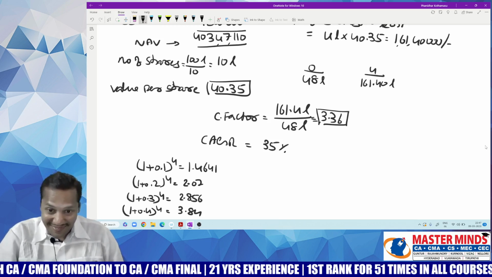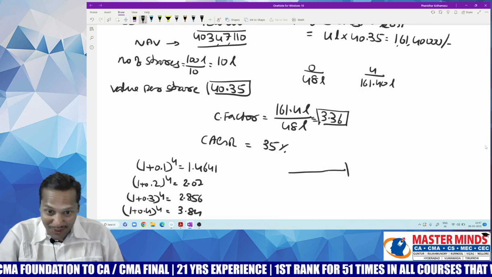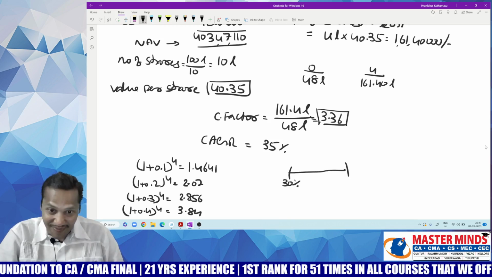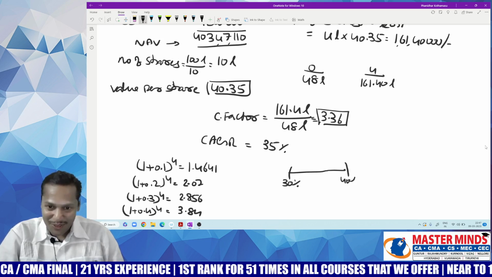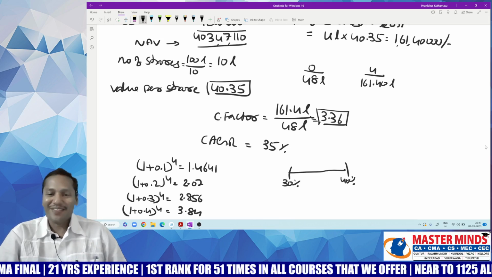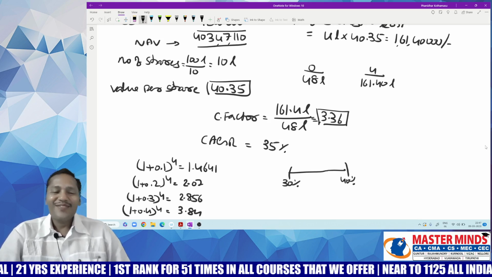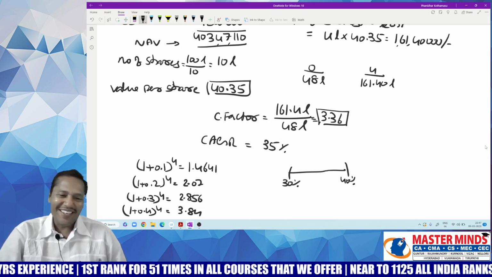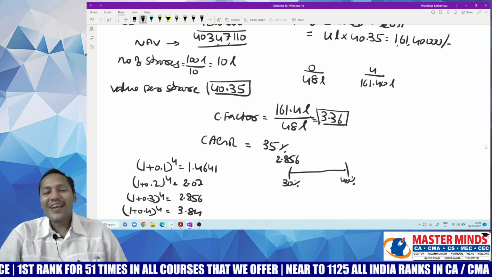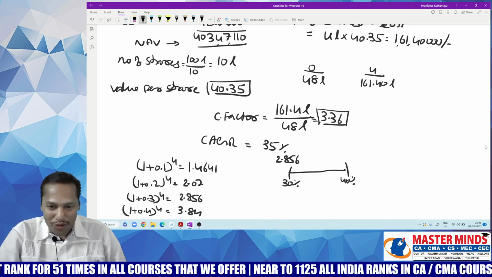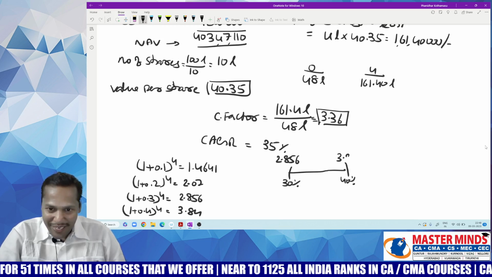So at 30%, it is 2.856. At 40%, it is 3.84. From that also, definitely we can calculate. The compounding factor at 30% is 2.856. The compounding factor at 40% is 3.84.